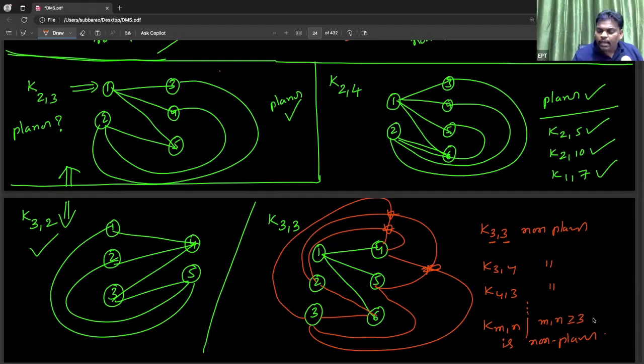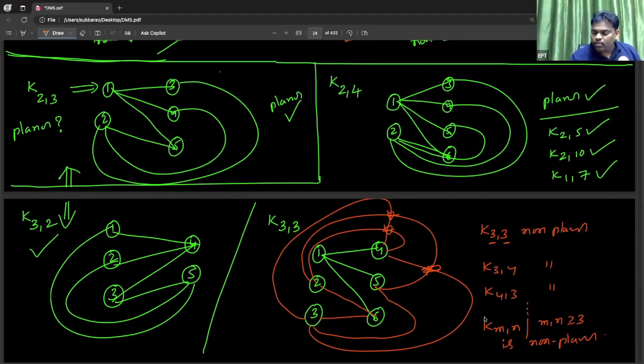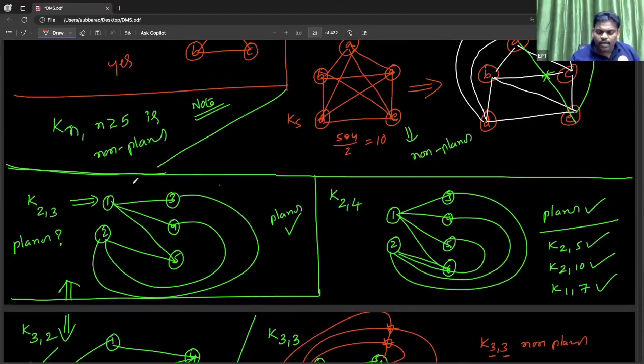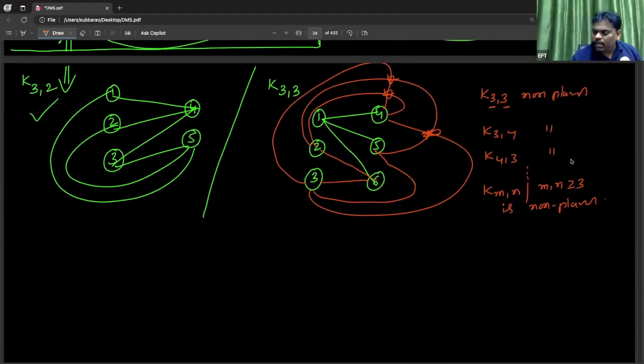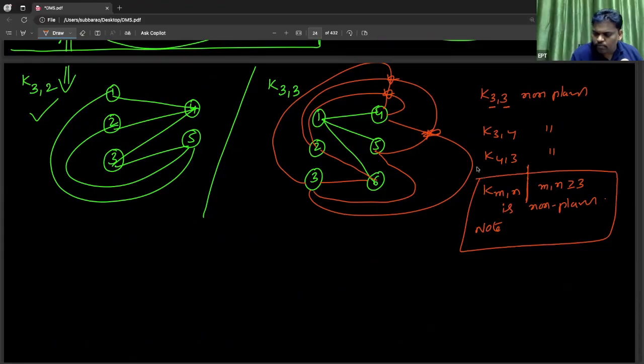Please be careful. K(n) is non-planar. What is the condition? This is the condition. K(n) where n is greater than or equal to 5 is non-planar. That is the note. Next one, K(m,n) where m, n is greater than or equal to 3 is non-planar. This is one more note. Careful. This entire story came from here.